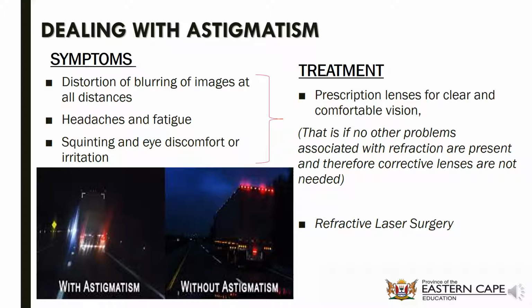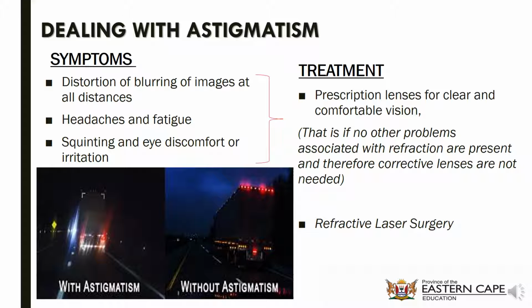Remember, they've got various projections of the image, so it's going to be a bit blurry. So the image, as we say, is distorted. It does not matter at what distance, whether it's close by or at a further distance, the image is still going to be distorted.